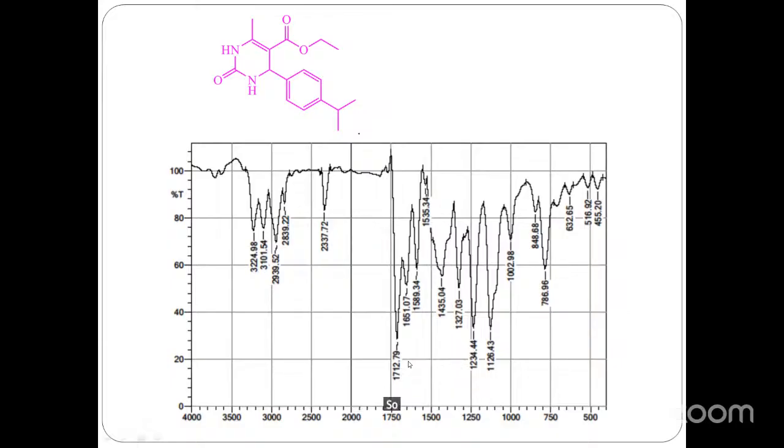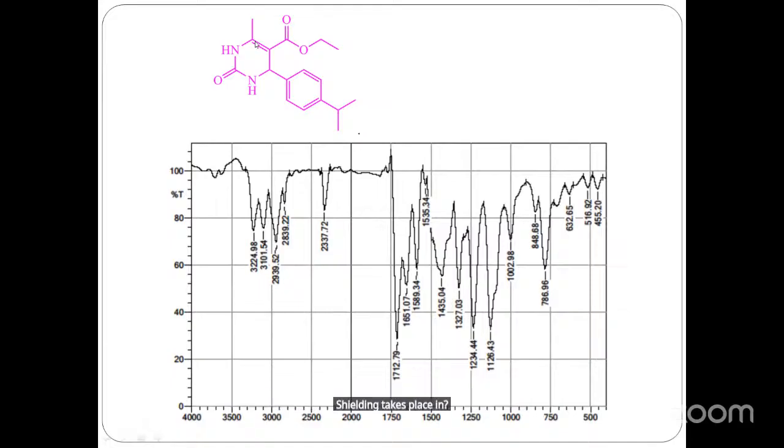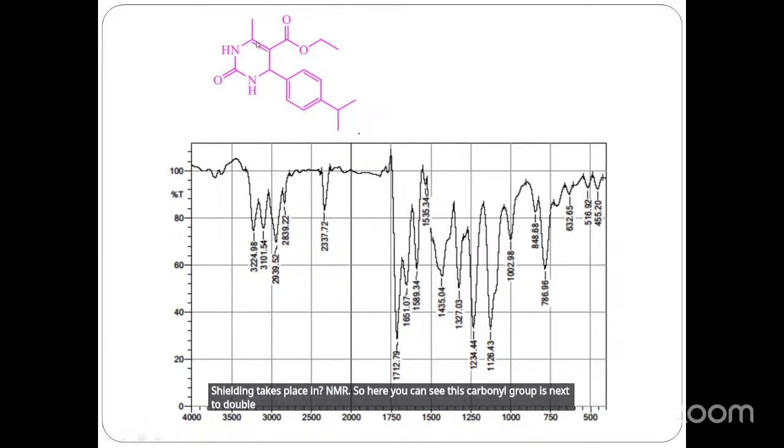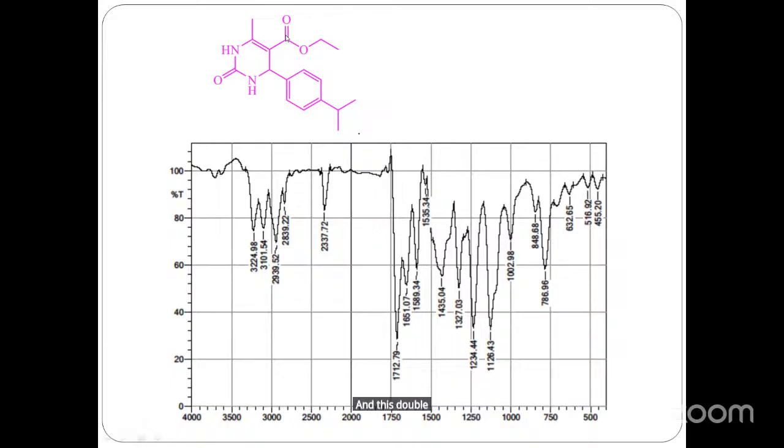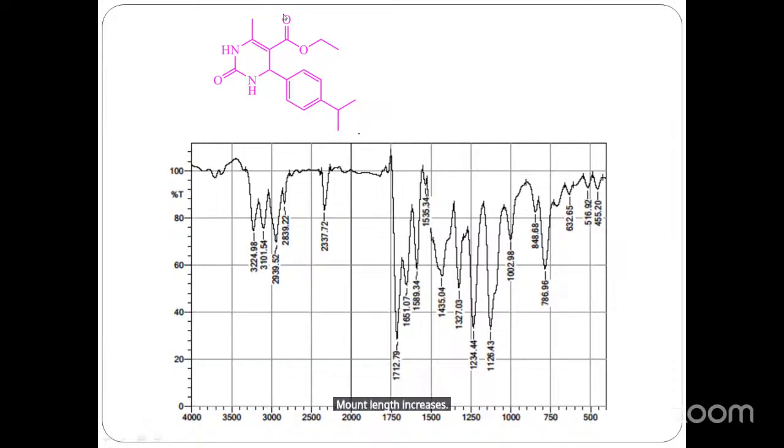So it is at a lesser value than we expected. Yes, absolutely, it is due to conjugation. Conjugation decreases the frequency, not shielding. Shielding takes place in NMR. Here you can see this carbonyl group is next to a double bond, and this double bond undergoes resonance, and resonance increases the bond length, and when bond length increases, force constant decreases, and frequency decreases.